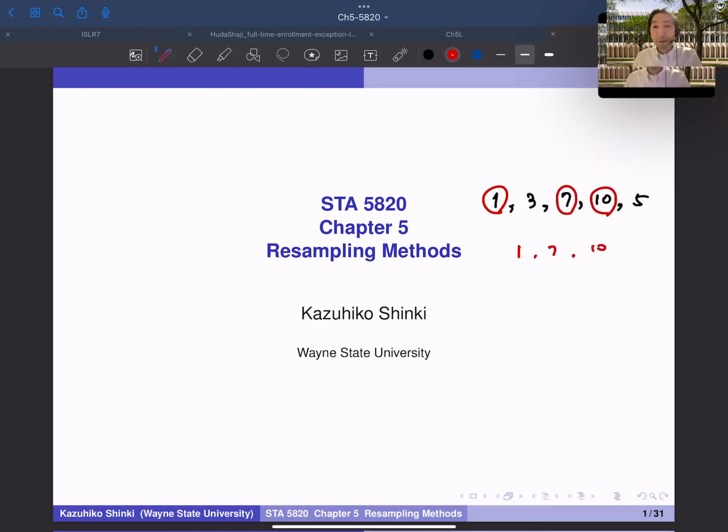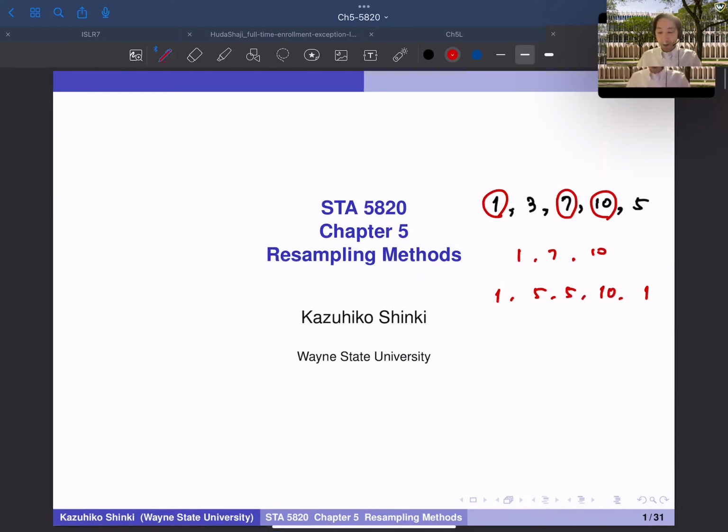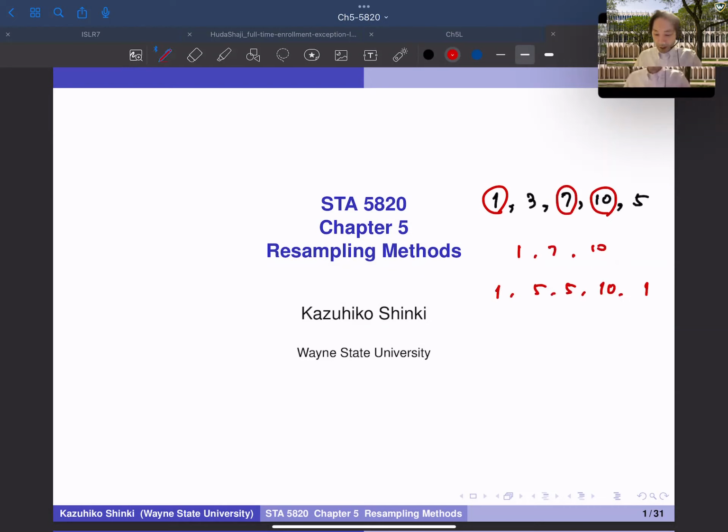So we resample from the sample. Sometimes we allow duplications, for example, 1 and 5 twice, or 1, 10, and 1 again, or something like that. This is basically the meaning of resampling. You can see that when we do resampling we have some randomness, and that helps us to evaluate the randomness of the data. So it's a very novel approach for data analysis. Even though we have 5 observations, we resample from those 5 observations, right?